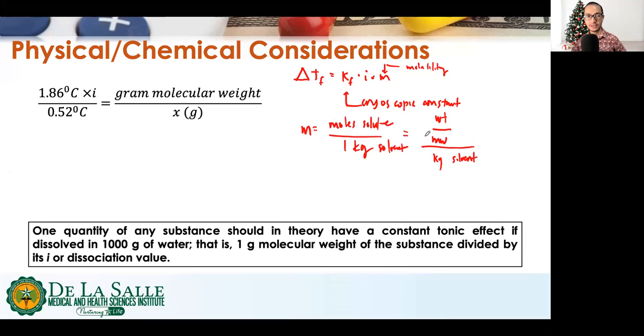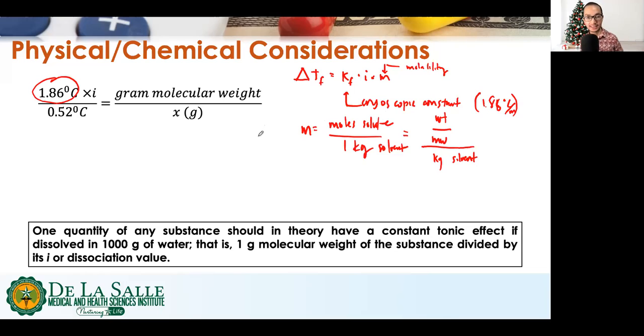Now, does this look familiar? The cryoscopic constant for water is actually 1.86 degrees Celsius per molal. That value, negative 1.86, is the freezing point of any molal solution of any substance.